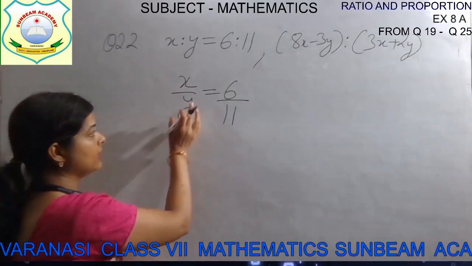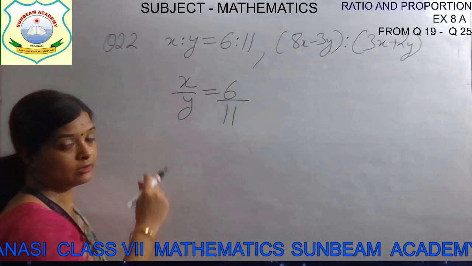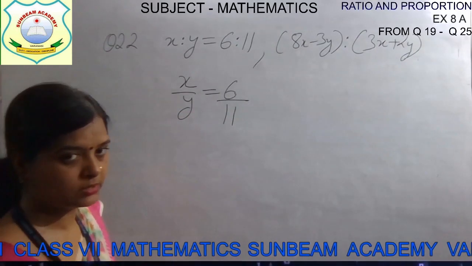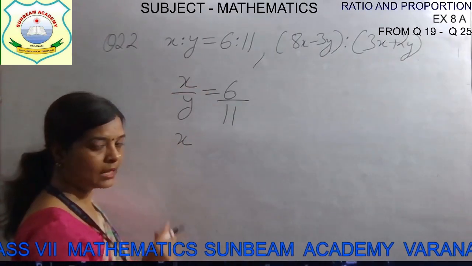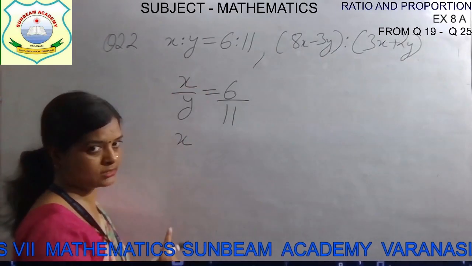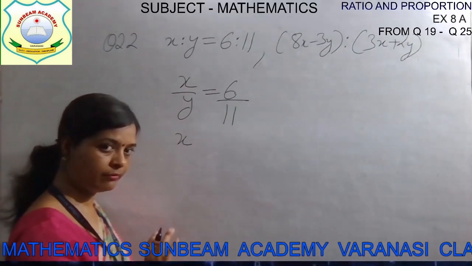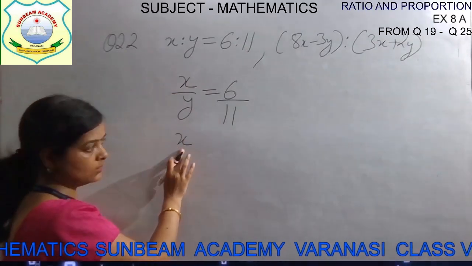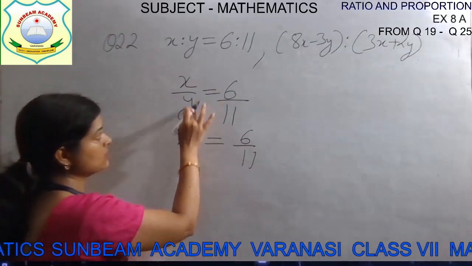We will take this equation and first find the value of one variable. Keep x on this side. I am finding the value of x right now. It will be in terms of y, children, but we will find it. So keep x on this side, and whatever is with x, that is y.